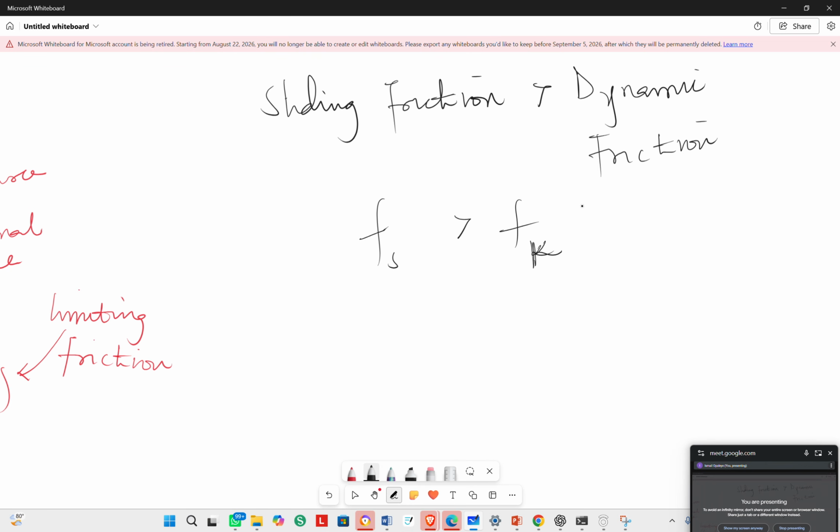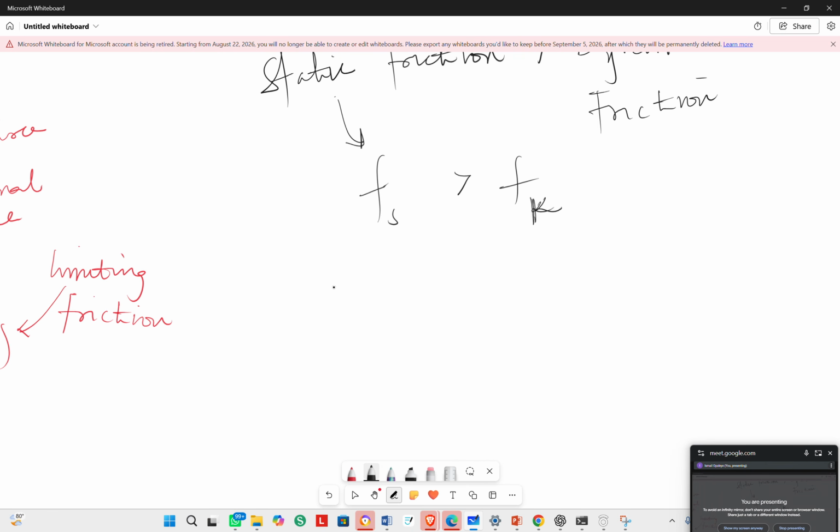So this f of x is this one, that's sliding friction. Sorry, I mean not sliding, I mean static here. So f of static is greater than f of dynamic.